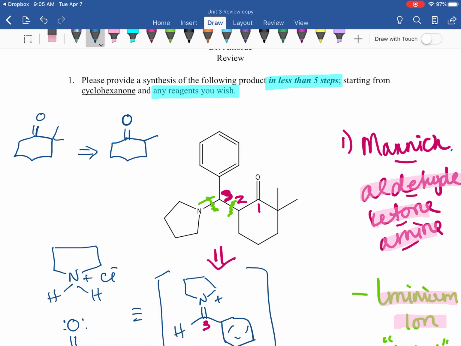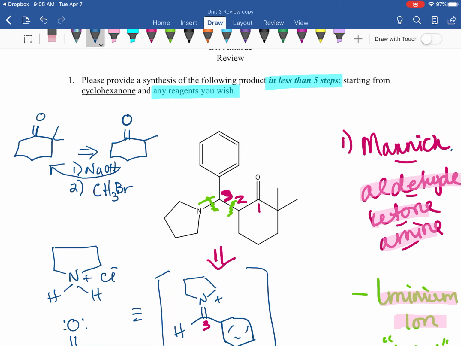We are going to use a base, and we're going to strategically use the right base in order to form that enolate. I am writing down sodium hydroxide. Why? Sodium hydroxide forms that most substituted or most stable enolate, and then I'm going to alkylate that just with a methyl.